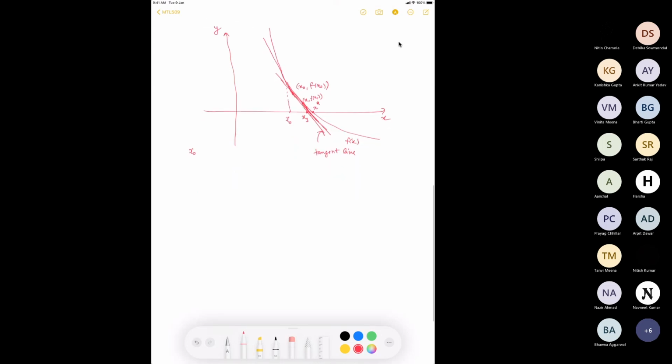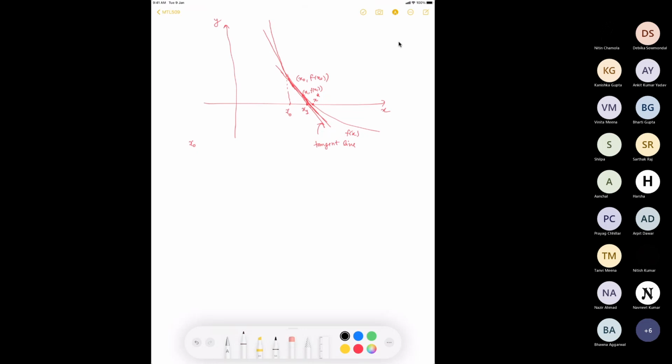So now let's try to explicitly write down what is going to be my x1, x2, and like that. So what we are doing, we take x naught to be the initial approximation of the root of f(x) equal to 0.